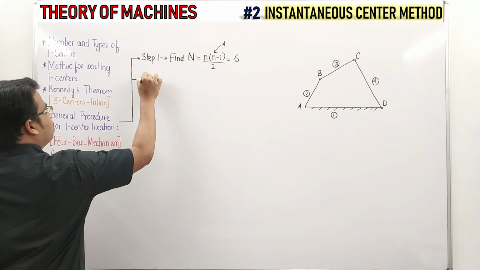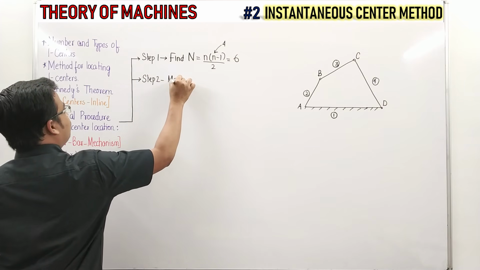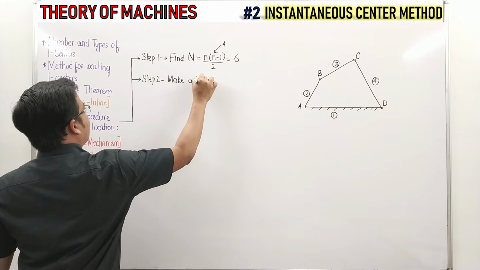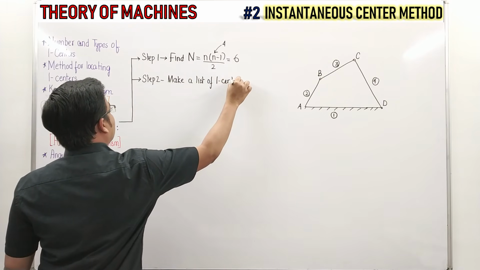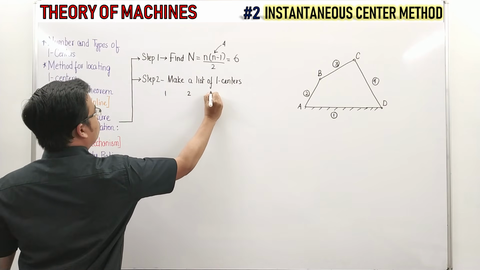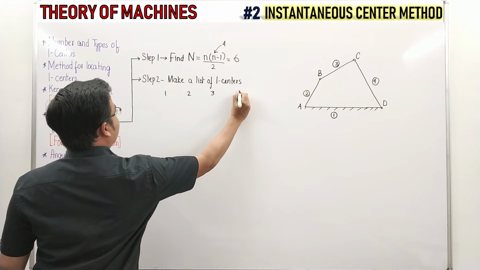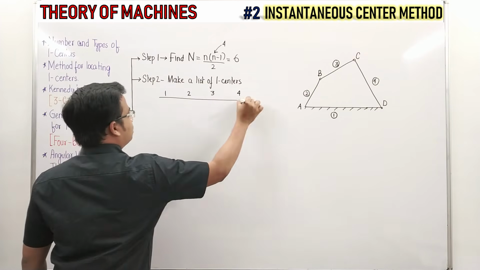Now try to make a list. Step 2. In step 2, what we'll try to do is make a list of I centers. Okay, so just try to follow this table. Write 1, 2, 3 and 4 and then start making combinations. Let's start from here.